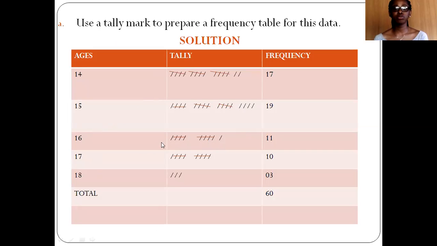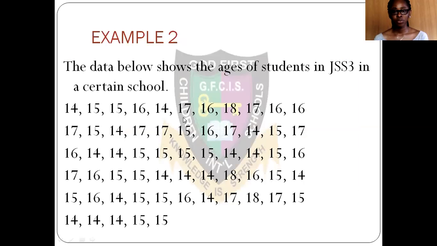So let's also look for 17. Age 17 students, how many? We have 1, 2, 3, 4, 5, 6, 7, 8, 9, 10.